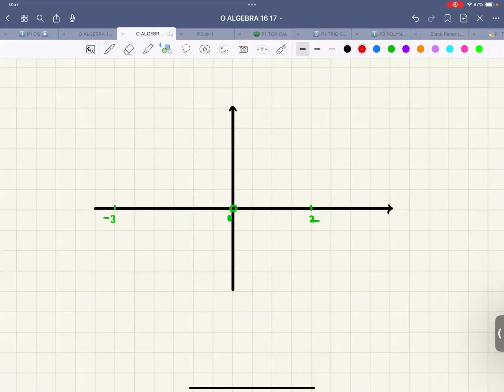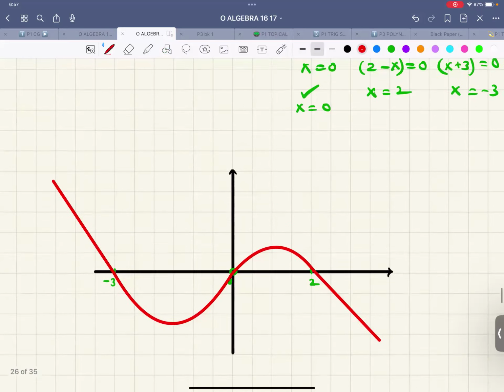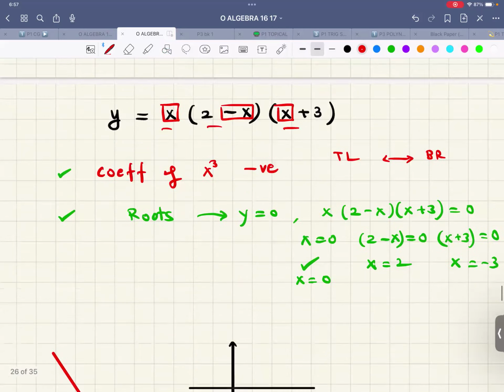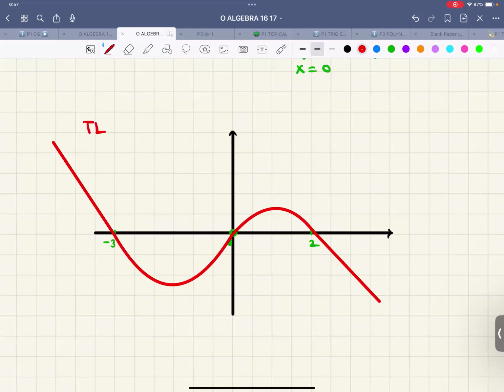First something like this, and then something like this, and like this, approximately, and like this. So that's how the graph of y equals x, 2 minus x, x plus 3 is drawn. This is top left, this is bottom right.